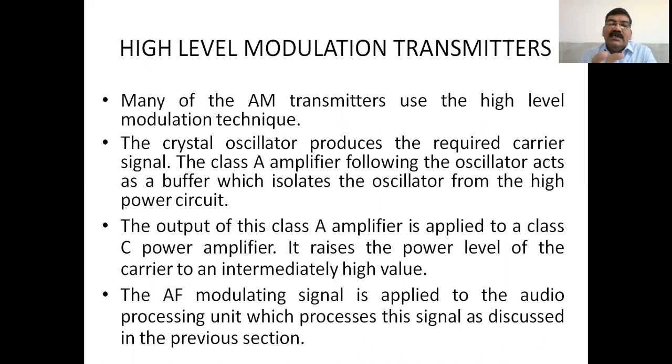When you have a question on the high level modulation, include the same points as we had previously. To avoid repetition, I have not included them, but if you have a separate question on the high level modulator, you should repeat all the points and write them very clearly in your answer.